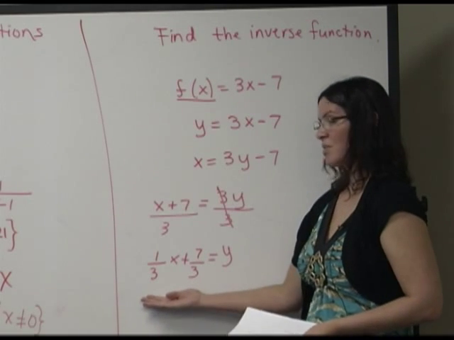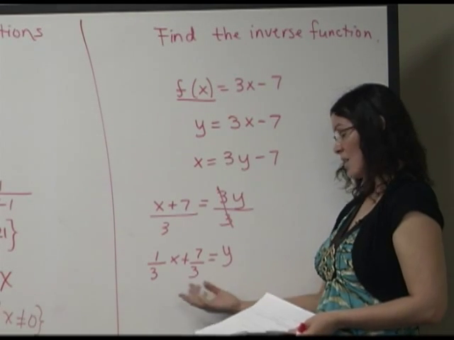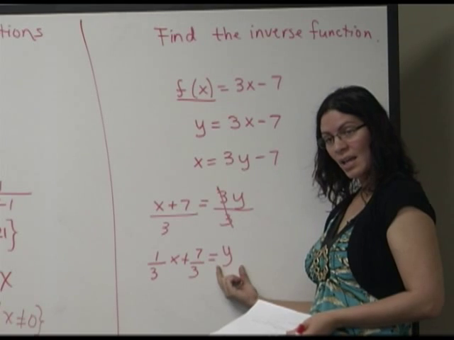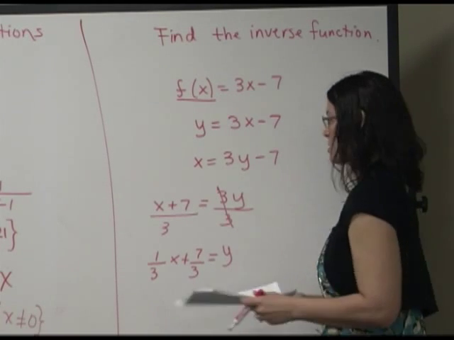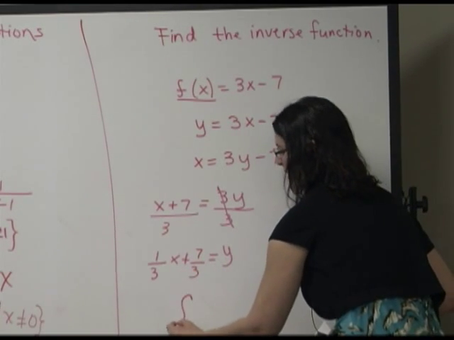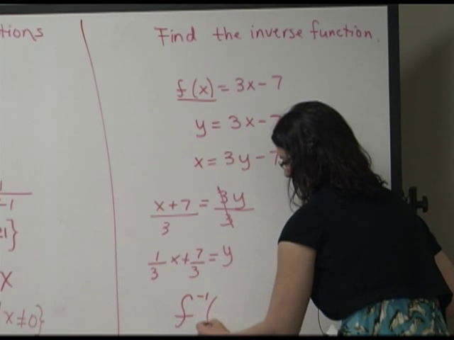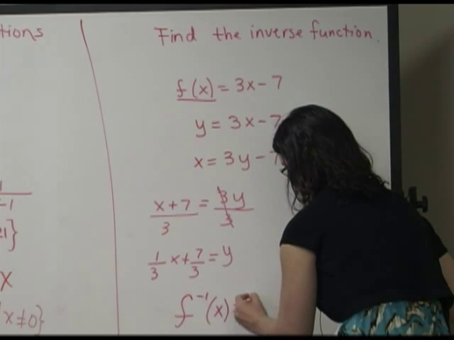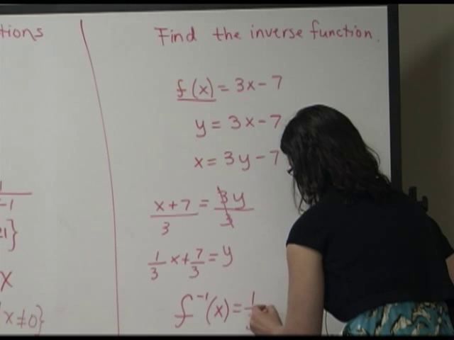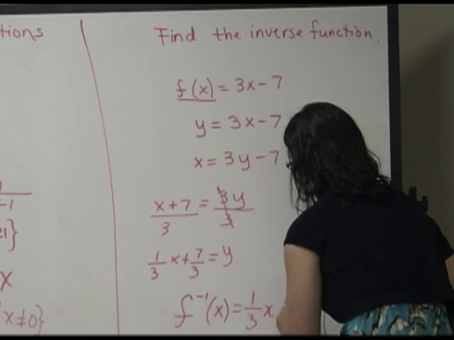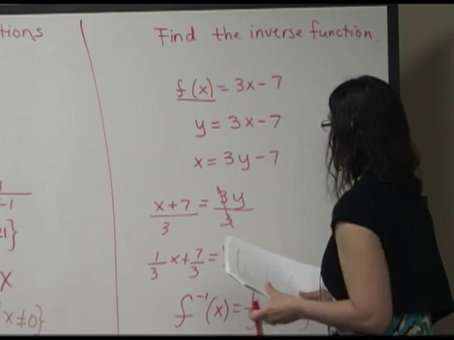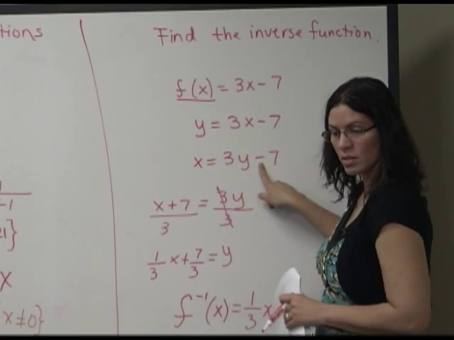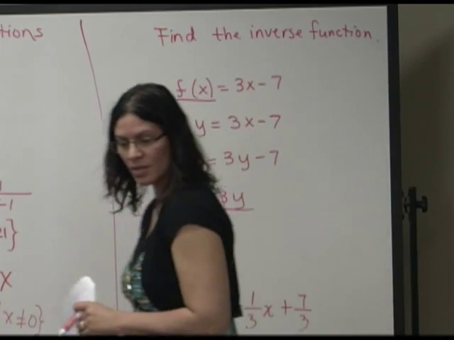This will be the inverse, right? So to denote that this is the inverse, we're going to change that y for, what's the notation of inverse? -1. That's the notation. So positive 7 over 3. I got negative 7 over 3. No, this negative over here. Oh, you had the different sign over here.